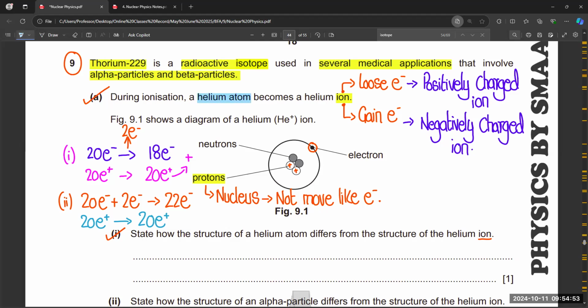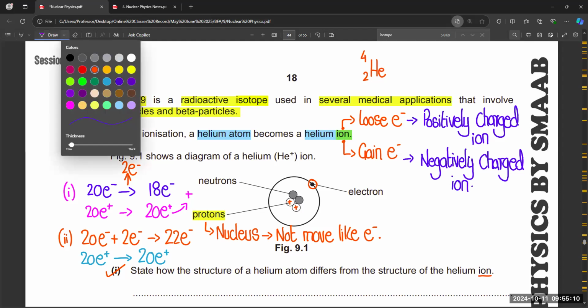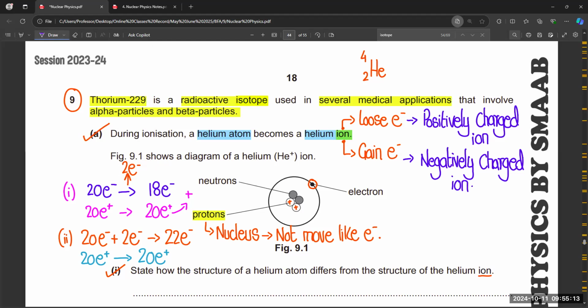So a helium atom is a normal atom, right? It becomes a helium ion. Okay, a helium atom is actually like this: 2He4. This is helium. So how many protons are there in helium? The protons are written down, right? Yes. Two. So there are two protons, and definitely two electrons, right?